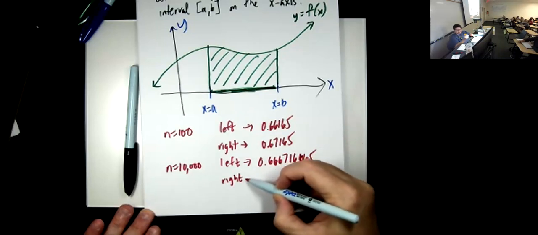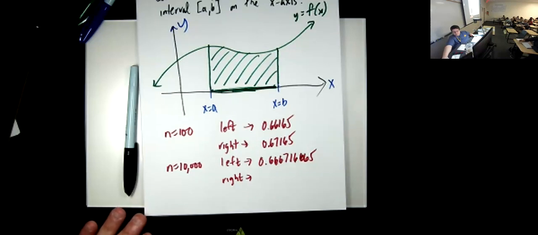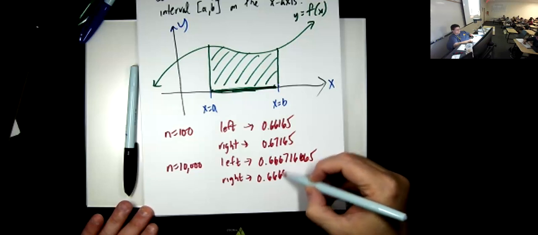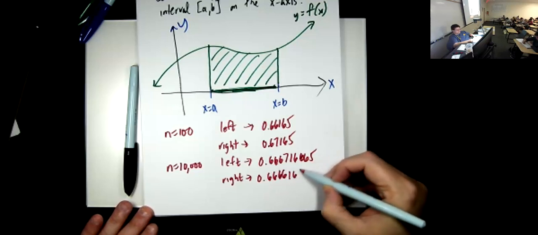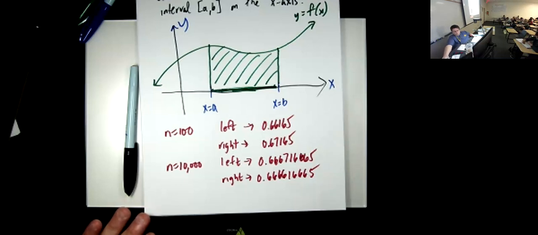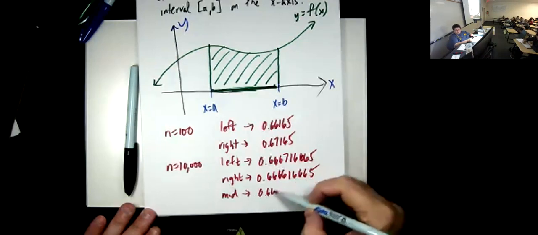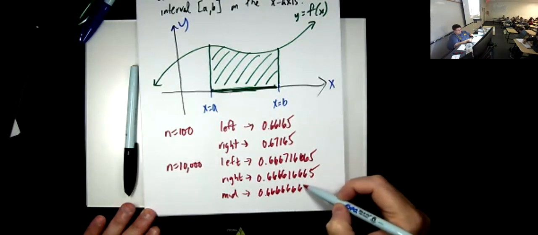The right-hand side says 0.666616665. And what does the midpoint one show? It's got a lot of sixes.